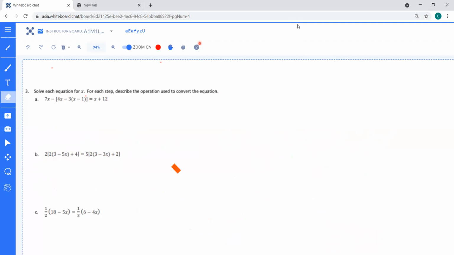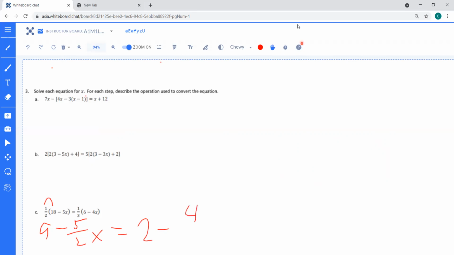Okay. Now then, this last problem here. I'm going to start out doing distributive property and say, what's half of 18? That is 9. Ooh, what's half of 5? I'm going to say negative 5 halves. And a third of 6 is 2, and what's a third of 4?